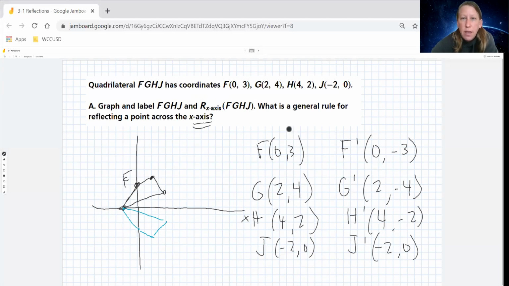So this is xy, and this is still x. See, all the x's are the same, but the y is the opposite of the one we had. So when it was 3, it became negative 3. When it was 4, it became negative 4. When it was 2, it became negative 2. What's the opposite of 0? 0.